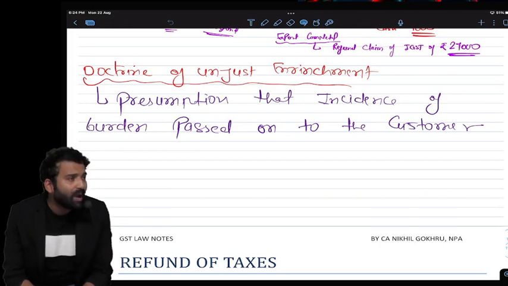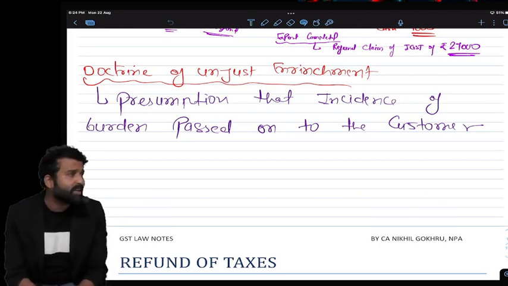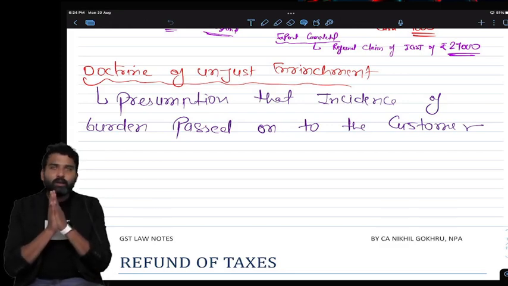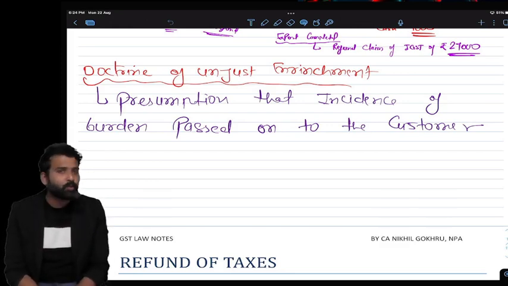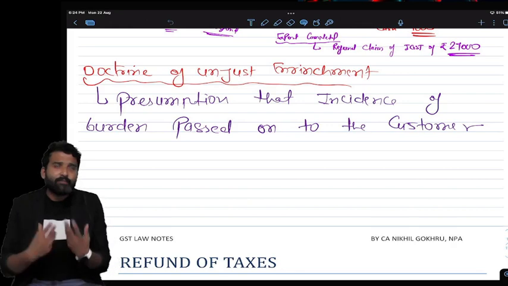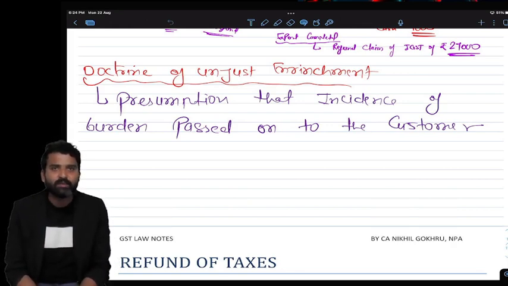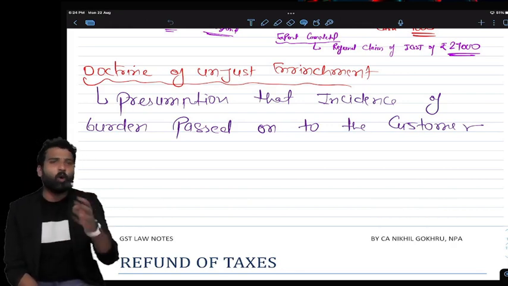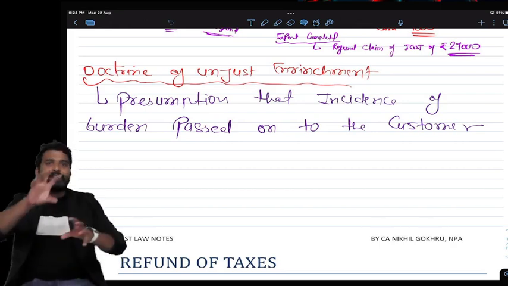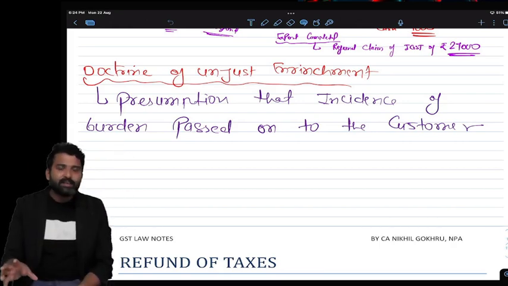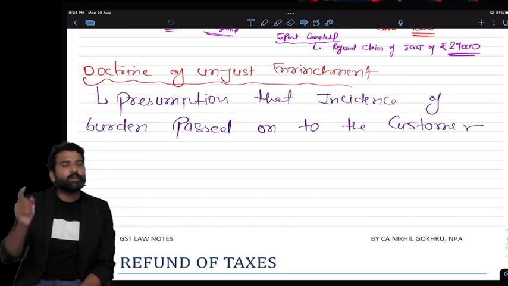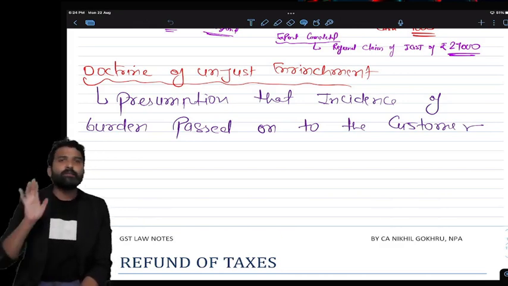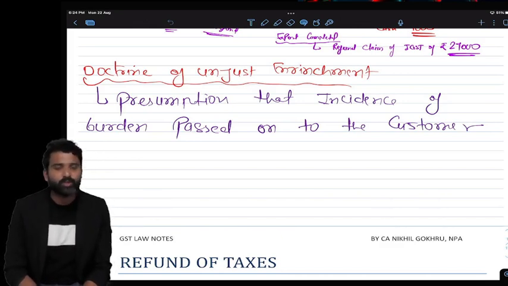Okay, but the important thing is, in GST refunds, the proof of the doctrine of unjust enrichment, that I have not passed on the burden to the customer, is not required in all cases. I will divide all the cases into two parts. There will be some cases where you will get the refund only if you are able to prove that you have not passed on the burden to the customer.